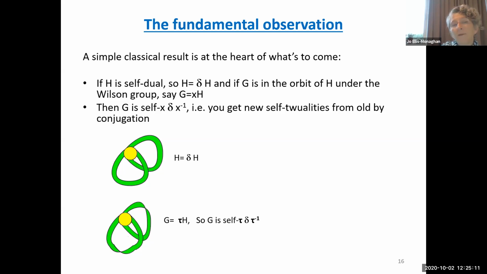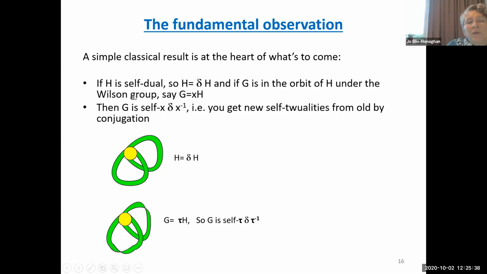If you have a graph that's self-dual, so for example, H is self-dual, H is equal to what you get if you take the dual of H, and you have some other graph that's in the orbit of H under the Wilson group action. So G is do something to H, take its trio, take its opposite, do something, okay?